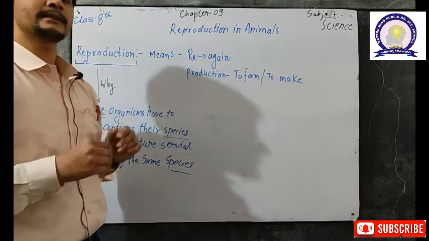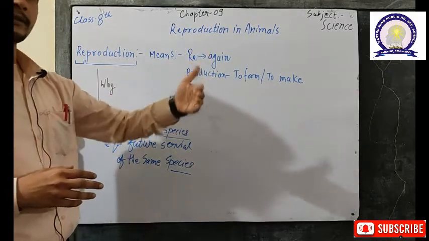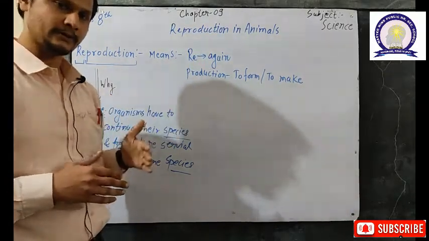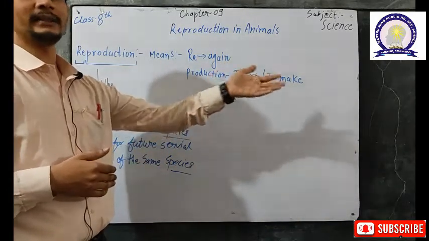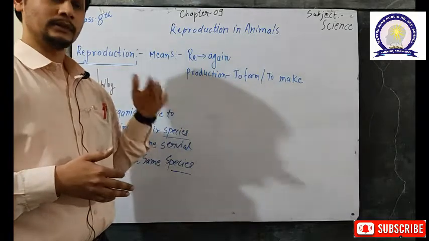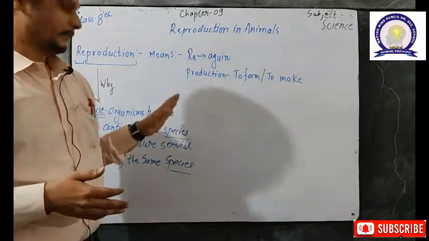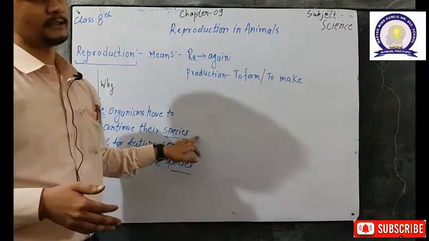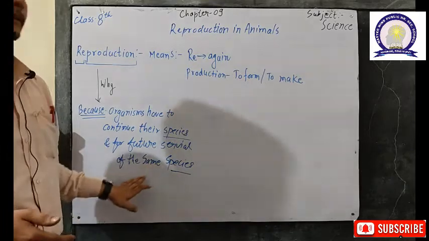Suppose an organism doesn't reproduce. When that organism comes to its senescence phase, it will die, so the species of that particular organism will be finished or destroyed. But by reproduction, the organism makes the continuity of the species and ensures the future survival of the same species.